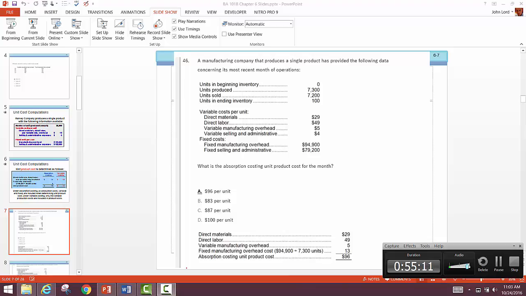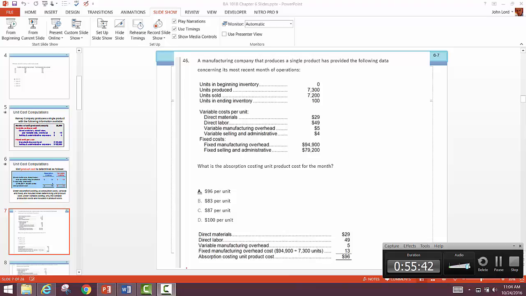The fixed cost for my manufacturing is 94,900. Okay, good. And so when I take 288,000 contribution margin minus all my fixed costs, selling and manufacturing, what do I get? 113,900.